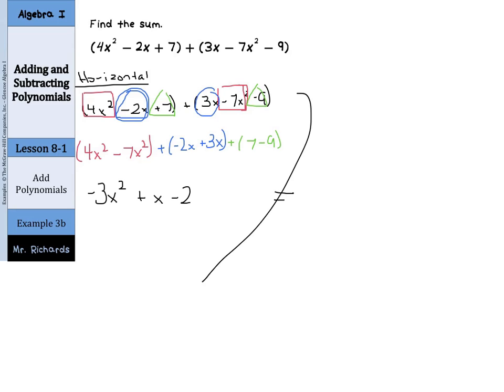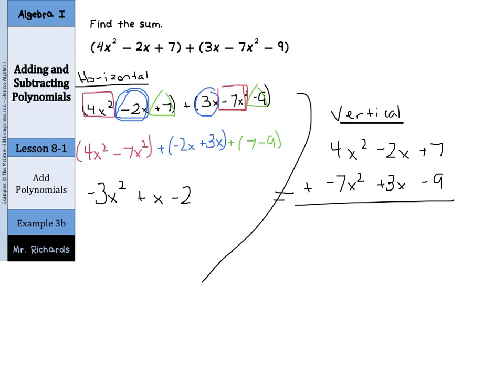Now to practice this using the vertical method, make sure once again that your terms line up by degree. So that we have now 7 plus a negative 9, and that is negative 2.